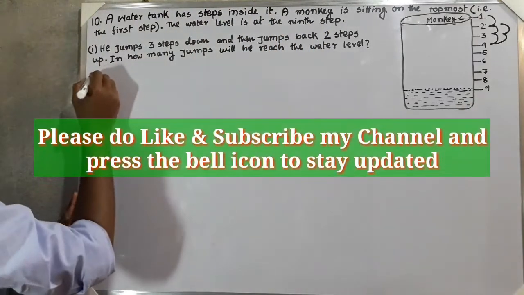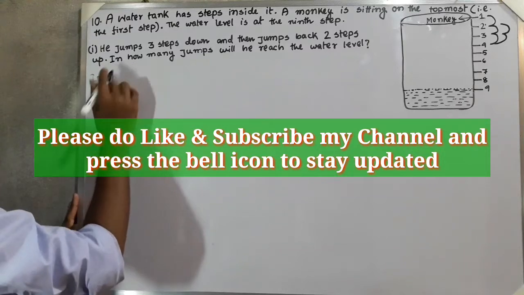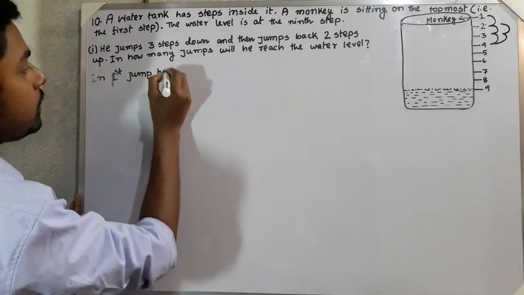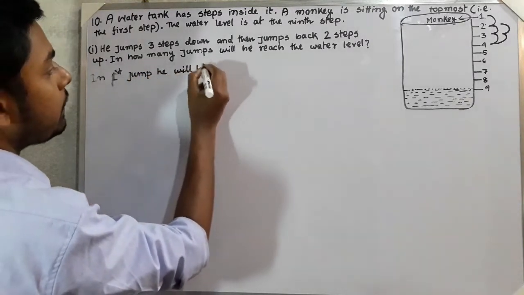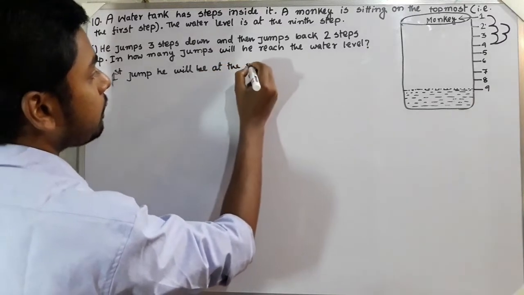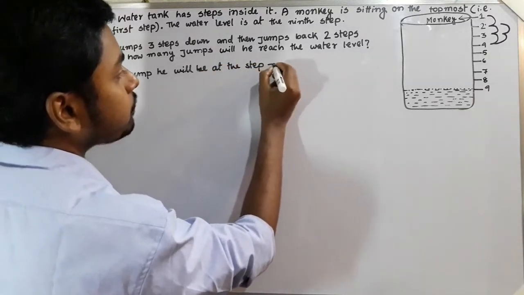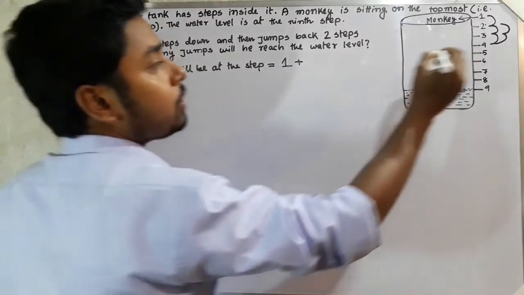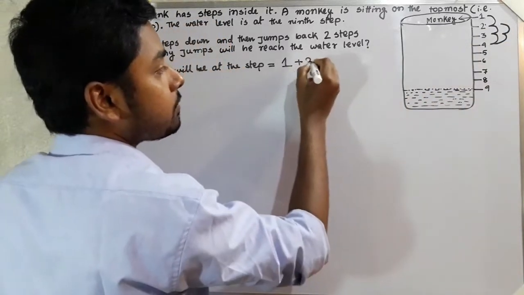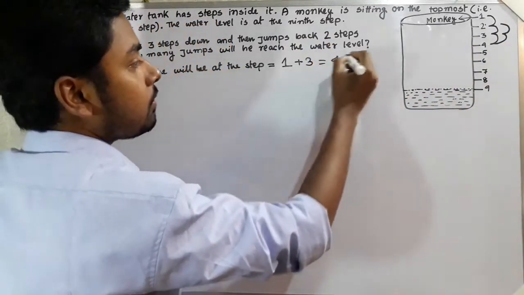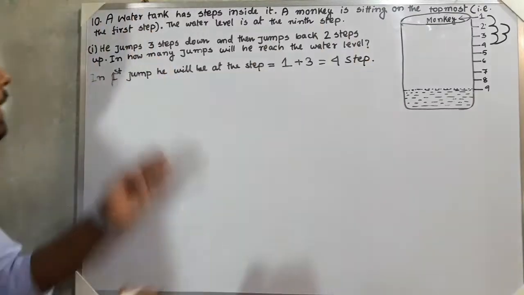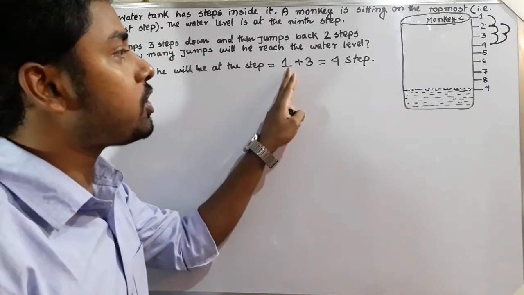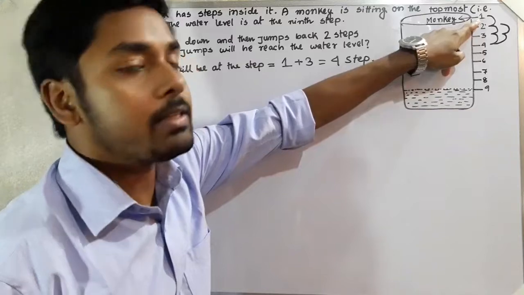So in the first jump, he will be at the step where, at the starting position, the monkey is at the first step.